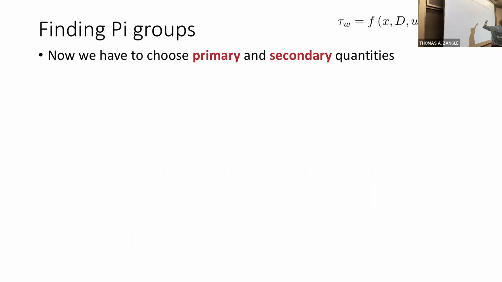So let's say we have a problem like we discussed wall shear stress, right, as the example that you all discussed at the end of class last time. So we have tau wall.